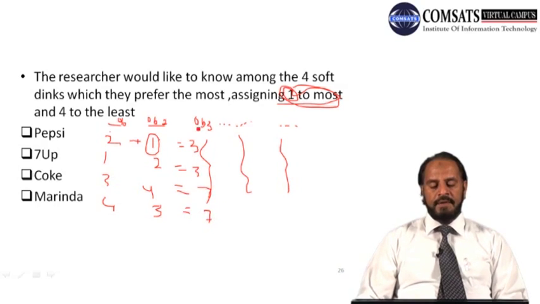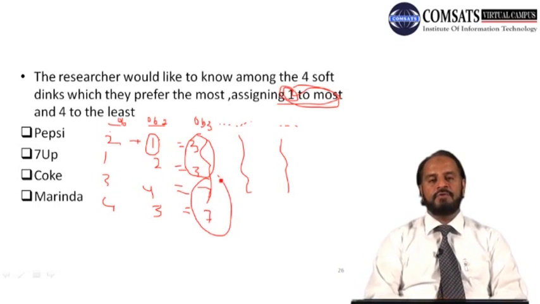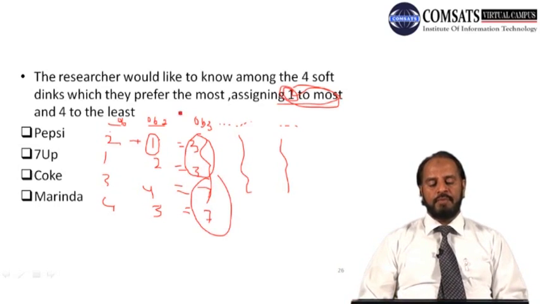So according to this, these two are to be ranked first and these two ranked second, because the soft drink which accumulates the lowest score is the most preferred among the two observations here. But we need to do that over the other observations as well.